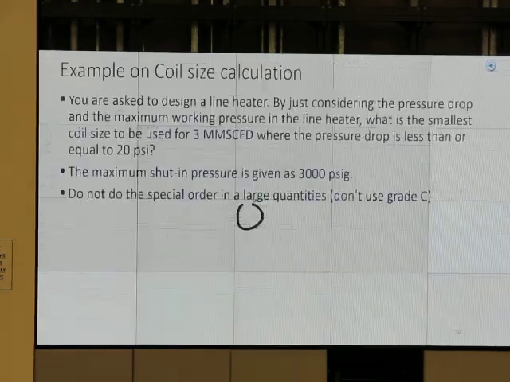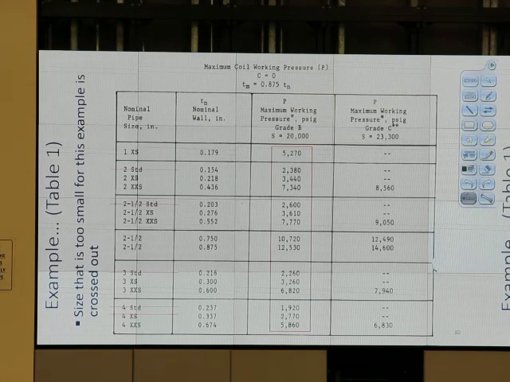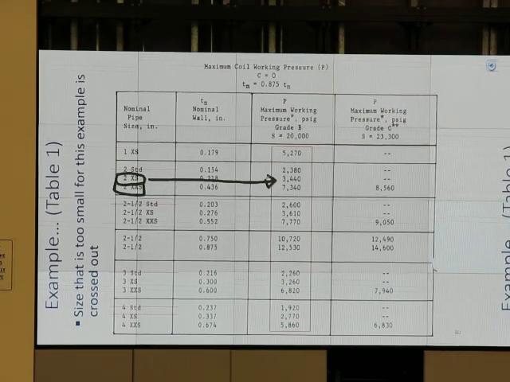When I go back to this, which one do I use? XS may be just enough because shut-in well pressure is 3,000 and this one can withstand 3,400. It's more, so this is good enough, right? Make sense? Then we can check pressure drop. If I have XS 2 inch, what is the pressure drop?